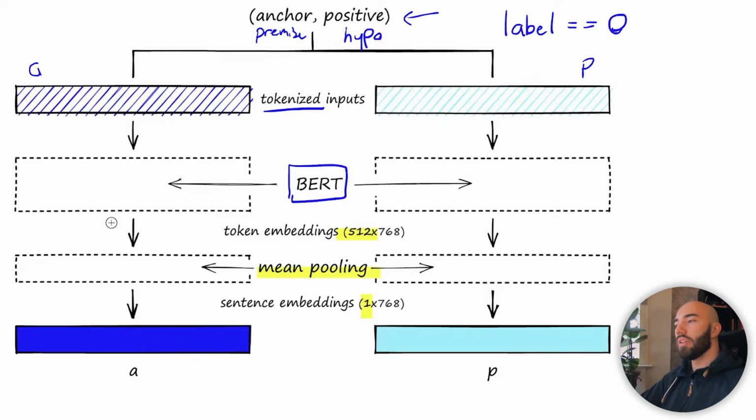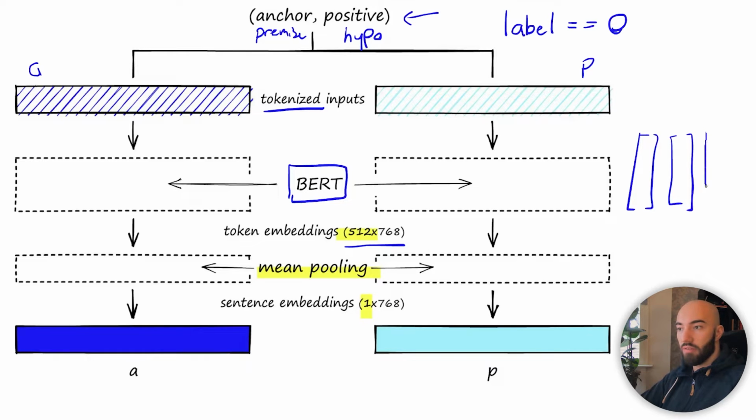So we process both of those through our BERT model, and that produces token embeddings. So token embeddings are 512 dense vectors, which contain 768 dimensions. And then we use something called a mean pooling function. So a mean pooling function is, say we have, I don't know, some vectors here, 1, 2, and that's 3.